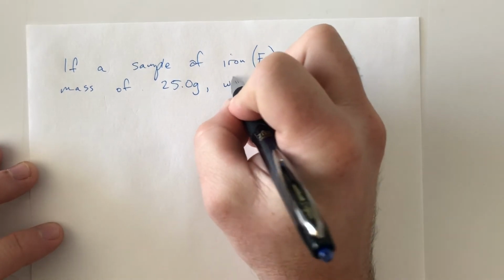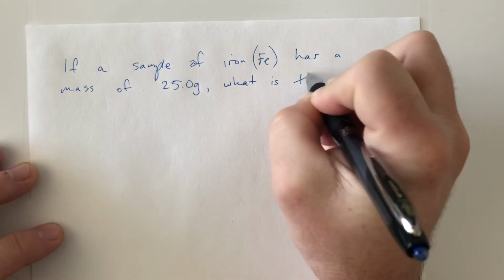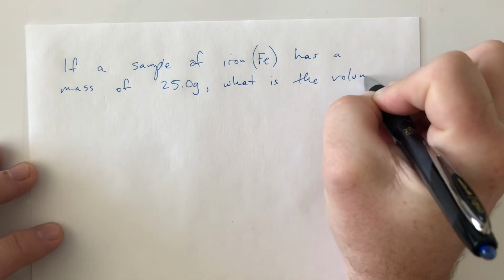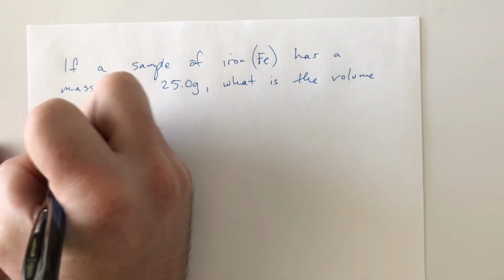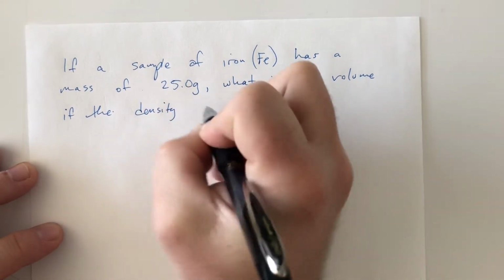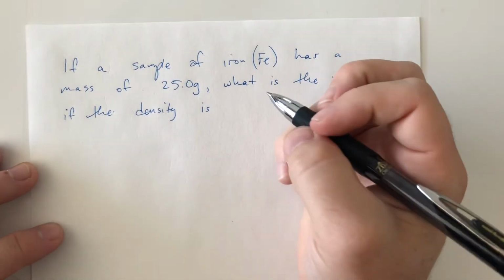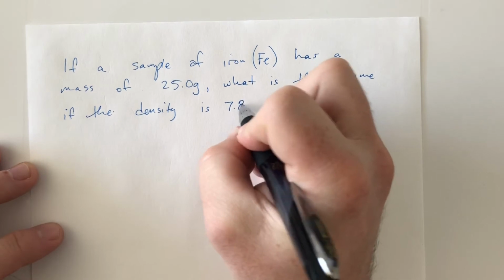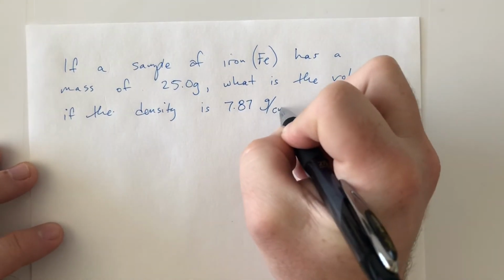We want to know what is the volume if the density is, well, earlier we wrote it down as 7.87 grams per cubic centimeter.